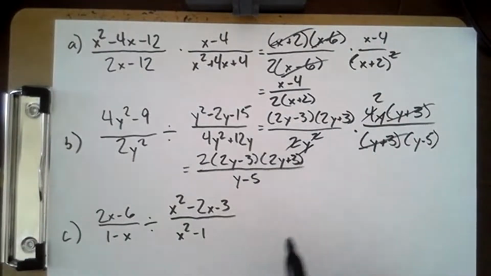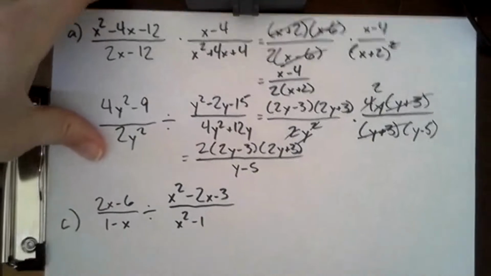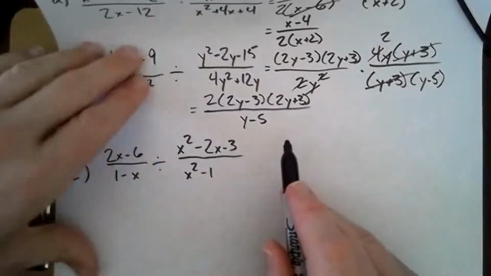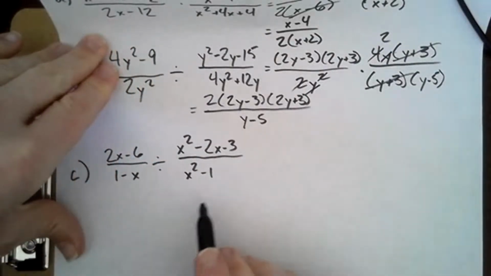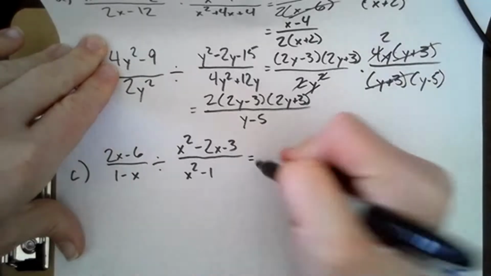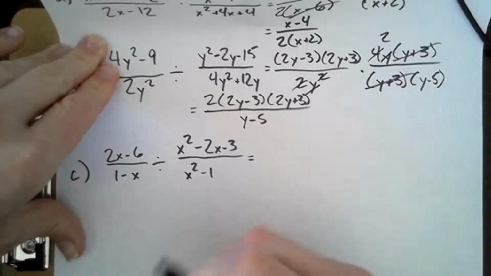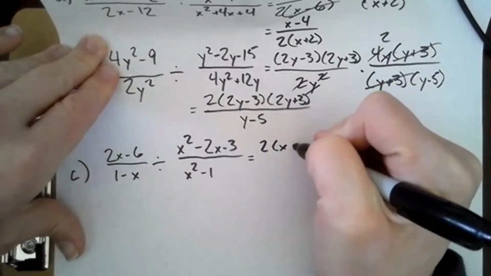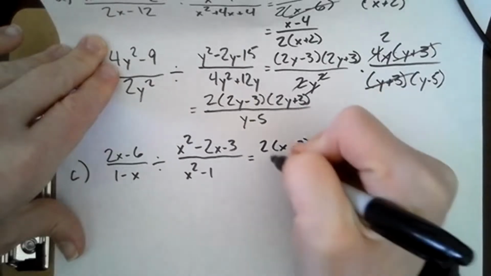Finally, we've got 2x minus 6 over 1 minus x divided by x squared minus 2x minus 3 divided by x squared minus 1. So again, I'll rewrite this as multiplication, and I'll factor as I do that. We've got 2 times x minus 3 here.